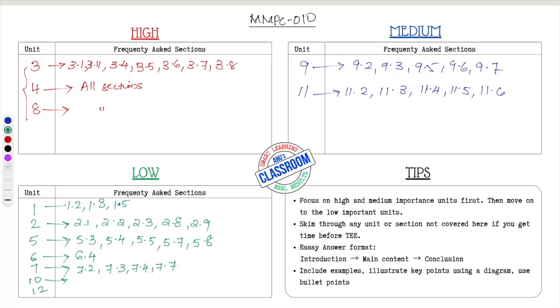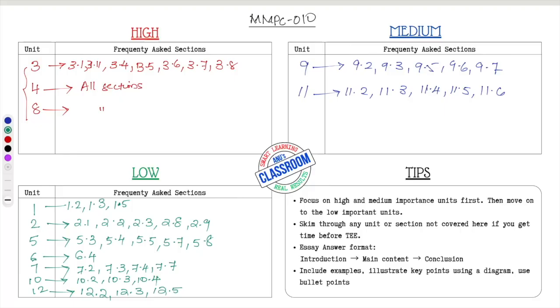From unit 10, that is market structures and barriers to entry, at least learn 10.2, 10.3, and 10.4. From unit number 12, pricing under monopolistic and oligopolistic competition, at least focus on 12.2, 12.3, and 12.5.